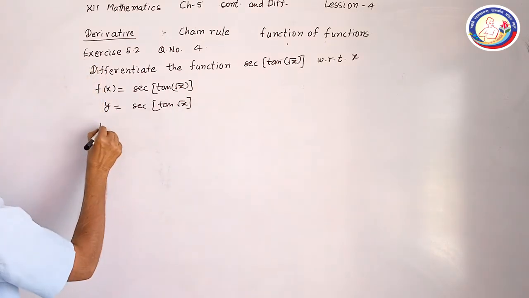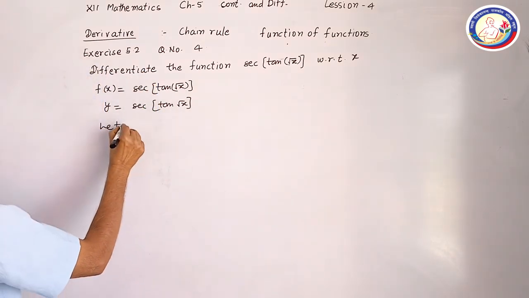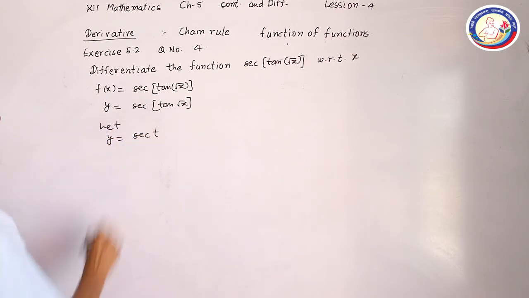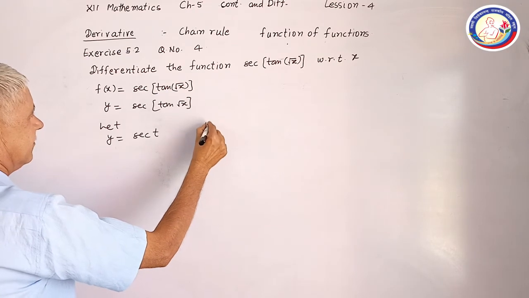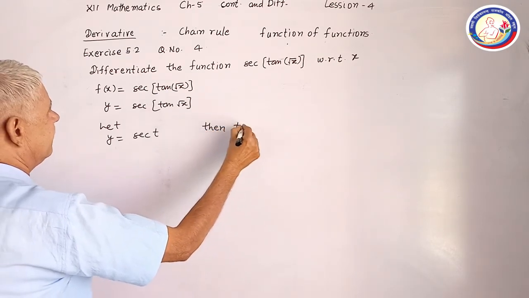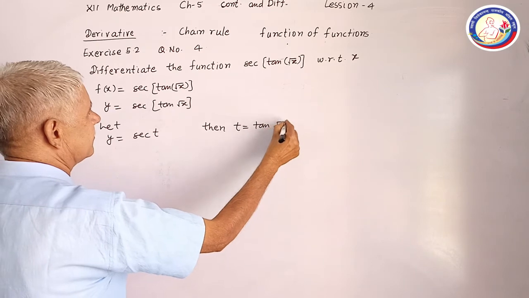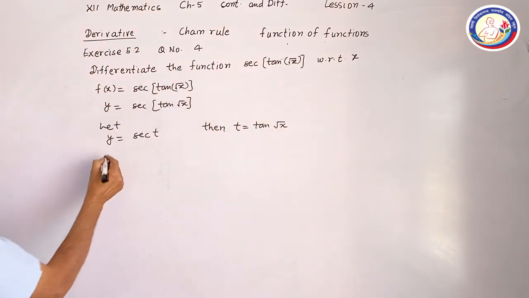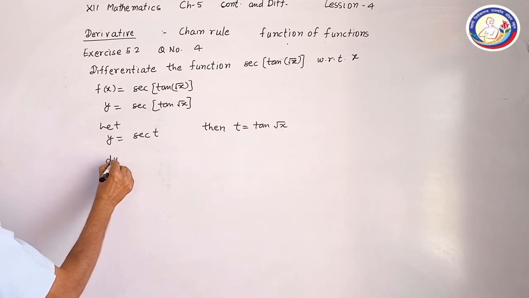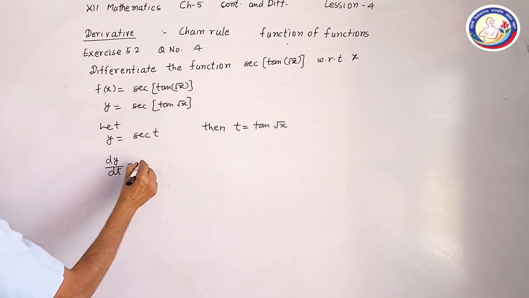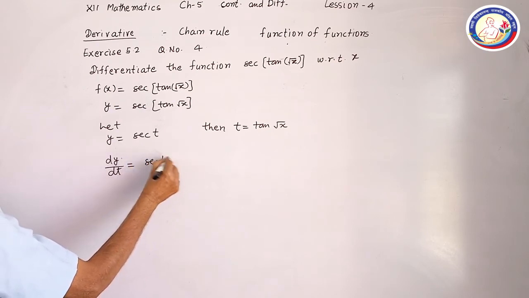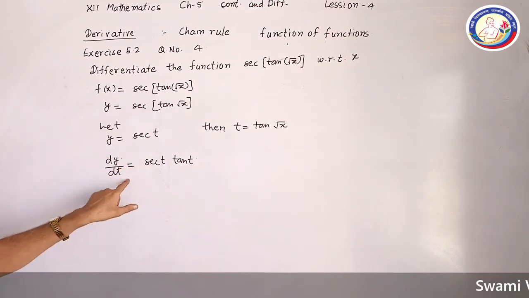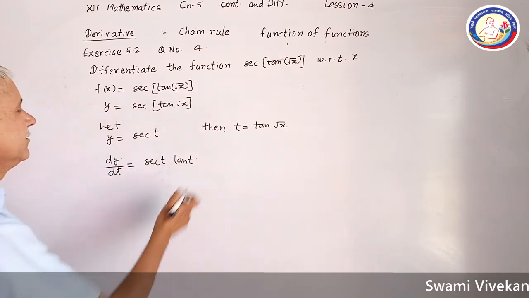Let y equal to sec t, then t equal to tangent of root x. Find the derivative with respect to t: dy by dt equal to sec t tan t. By formula, the derivative of sec x is sec x tan x.